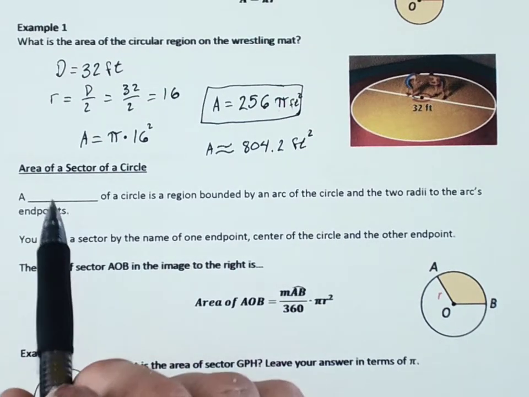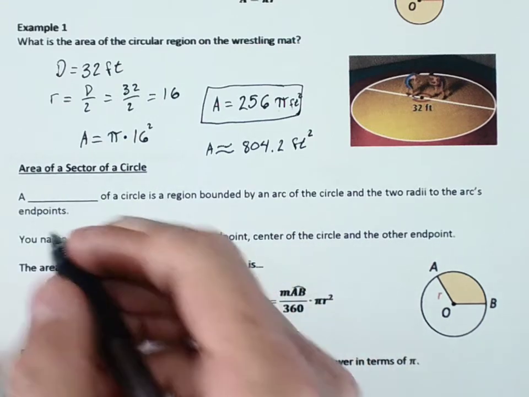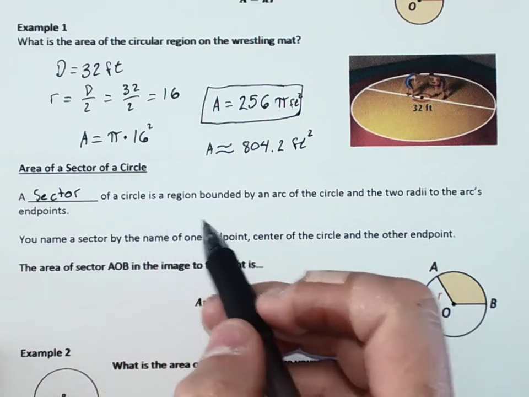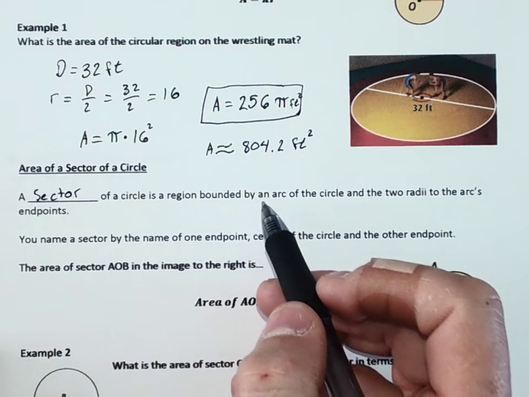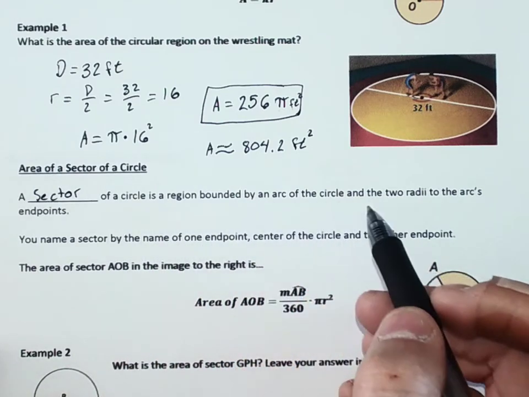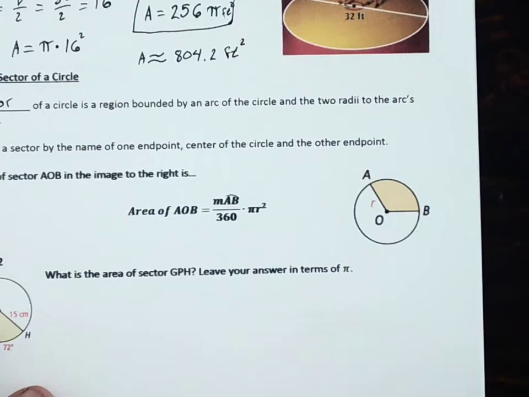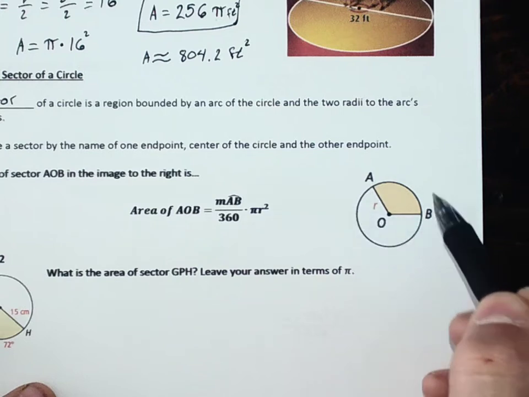Now, the area of what's called a sector. A sector of a circle is a region that's bounded by an arc of the circle and two radii. Essentially, it's like a pizza slice. You've got a whole pizza here.